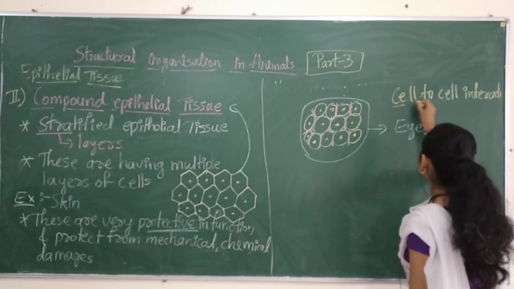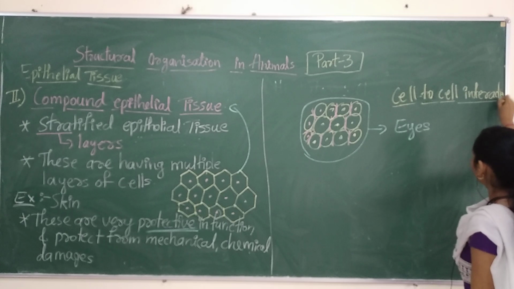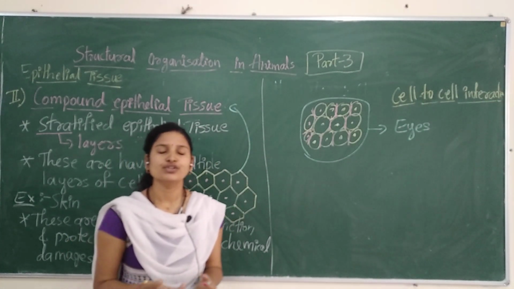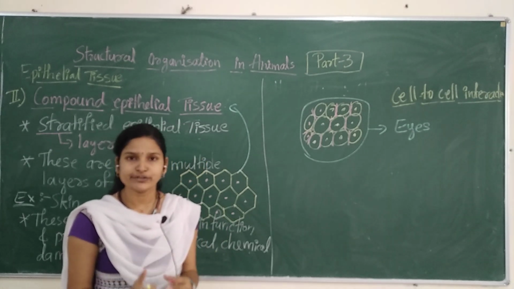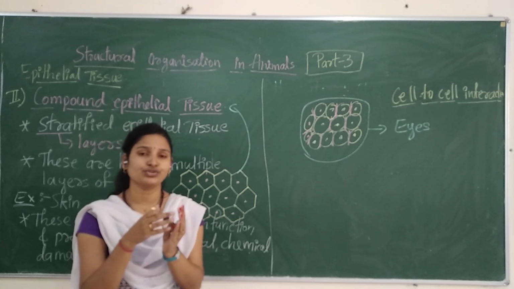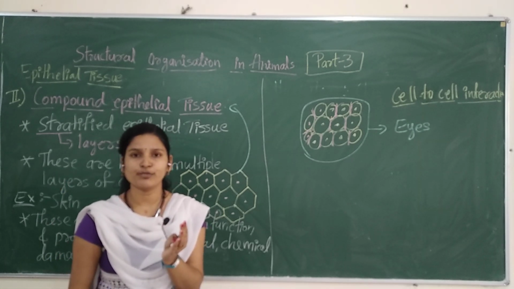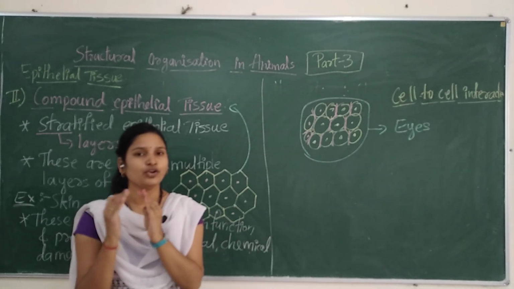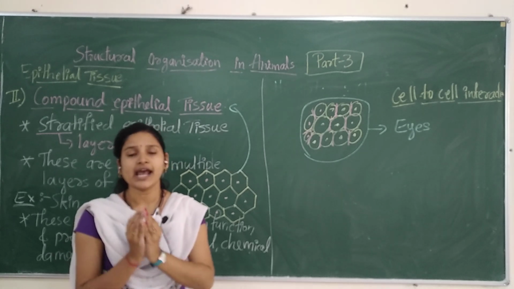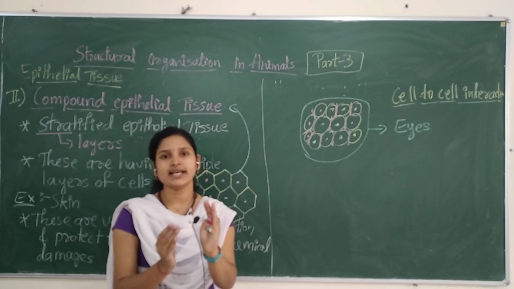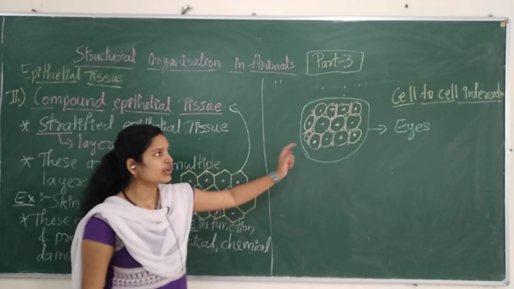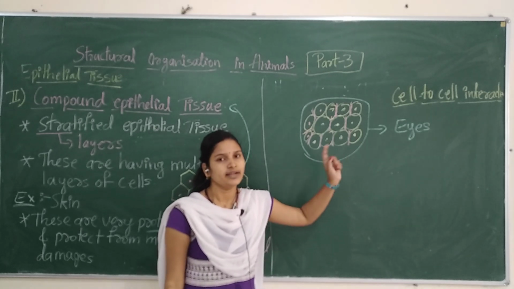They need to interact with one another so that they can exchange information and hold on to one another, so that they should not move to another part of your body. In the eye-forming location, the cells will be interacting with one another and holding one cell with another cell. This type of interaction we call cell to cell interaction.